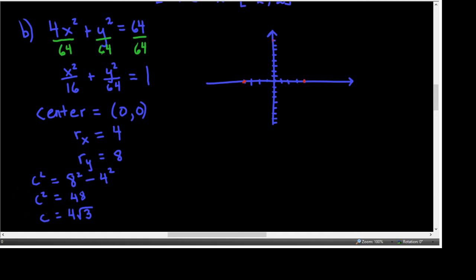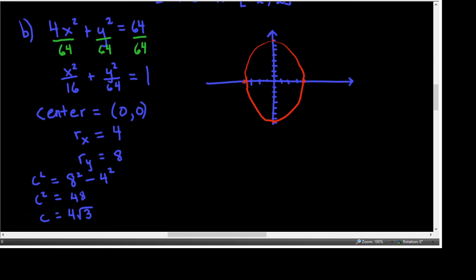Up 8 and down 8. Then draw your ellipse as a curve that looks ovally, not like a diamond, but more curvy than that. And as I said, this takes some practice. I'm still not getting very good at this, so oh well.